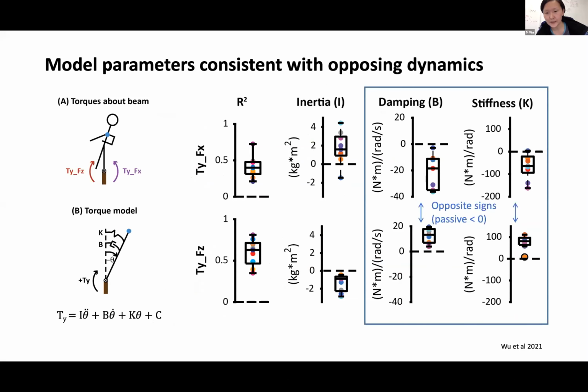And what you can see is that there's this very interesting trend of opposite signs for the damping and stiffness terms. And so when the sign is smaller than 0, that indicates a passive mechanical element, something that's dissipating energy, that's resisting motion of the beam walker. And when it's positive, that means it's an active element. It's injecting energy into the system, and it's amplifying the beam walker's motion.